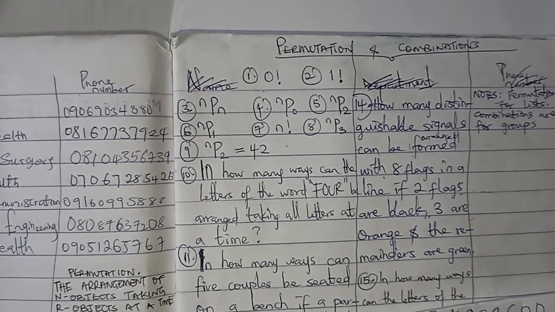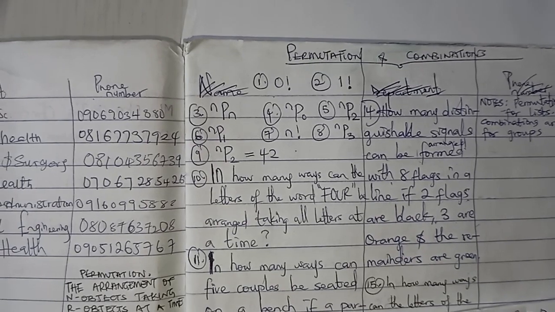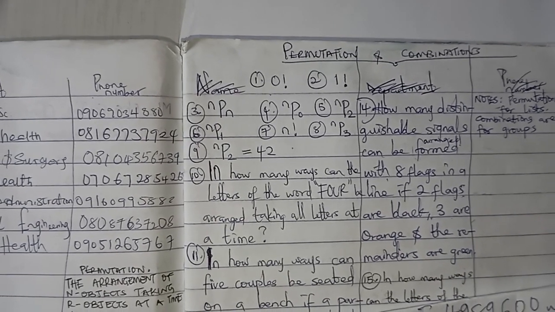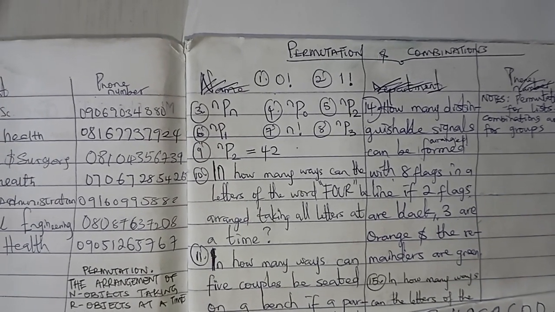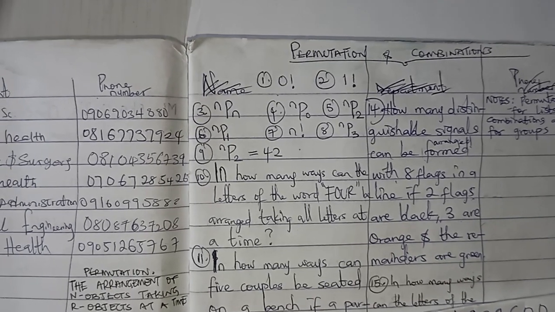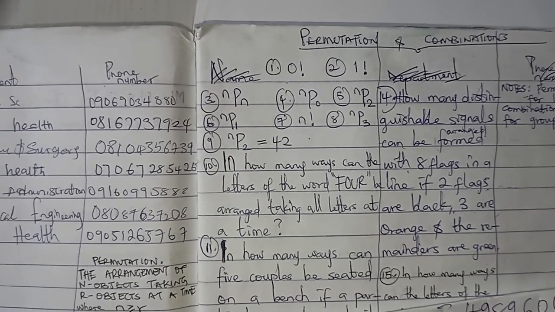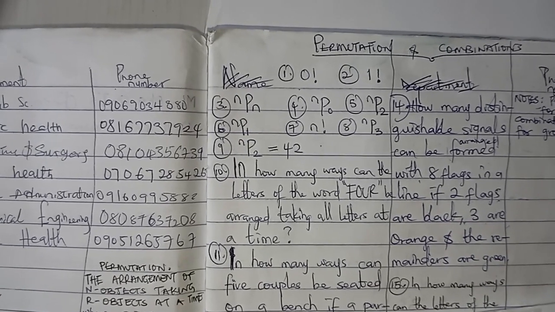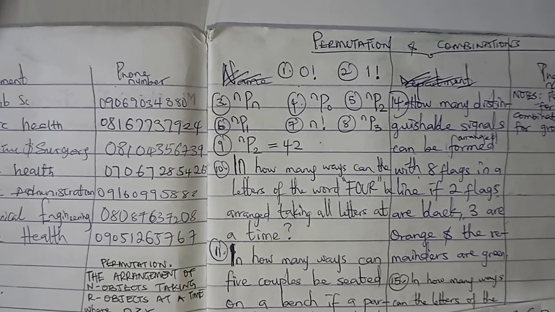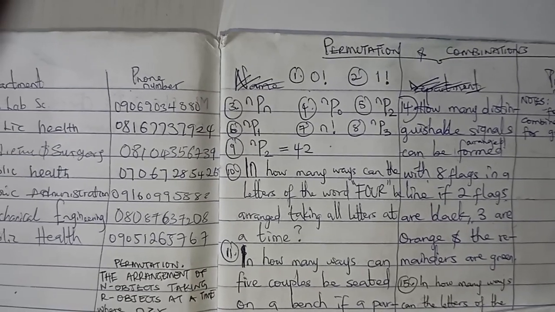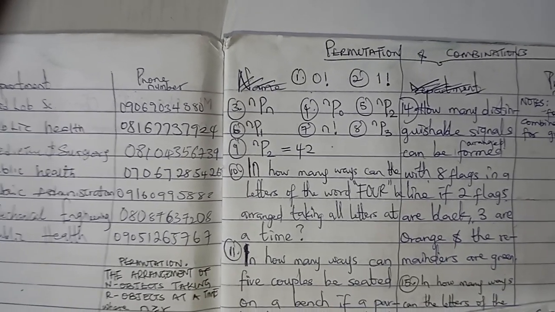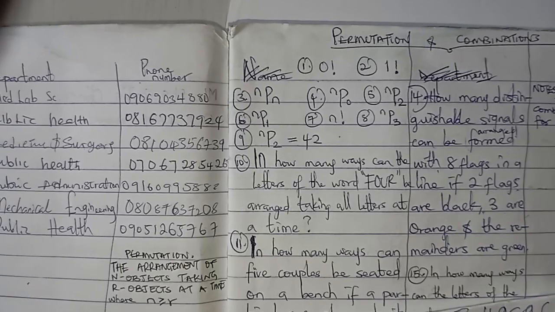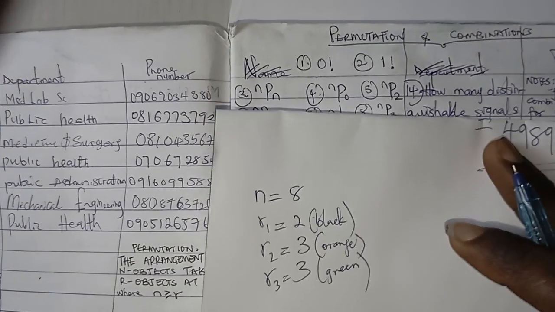Then another r2, the repetitions, that is 3, and the 3 flags are orange. The remainder: 8, if you select 2 and 3, what is remaining is 3. So r3 is 3, and they say that the remainder is green in color.